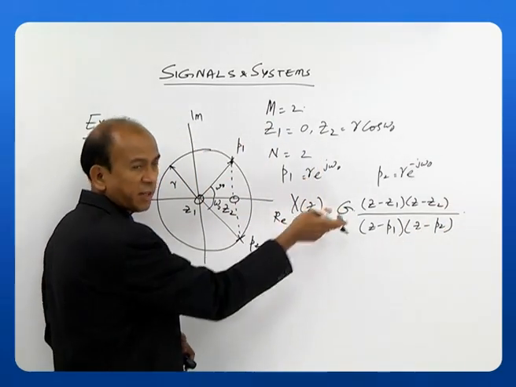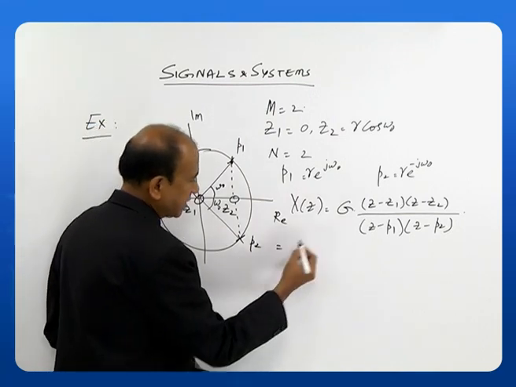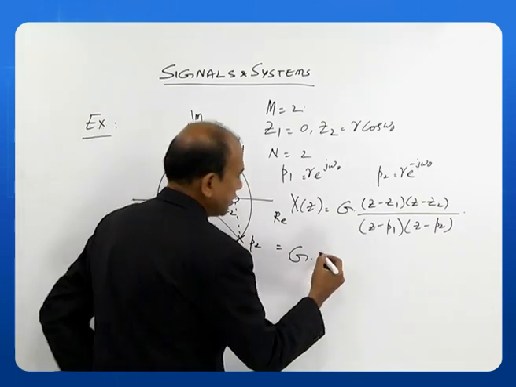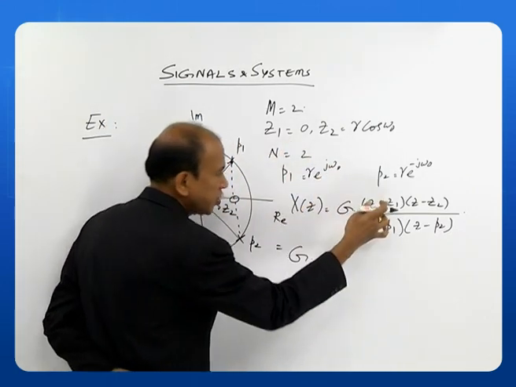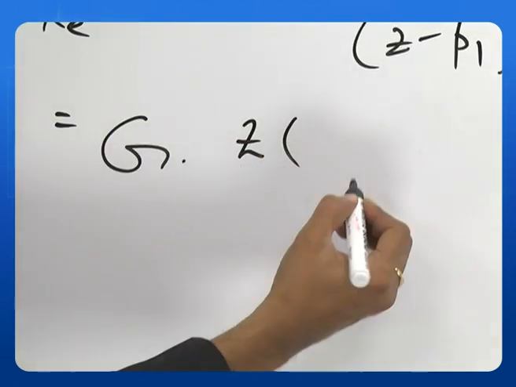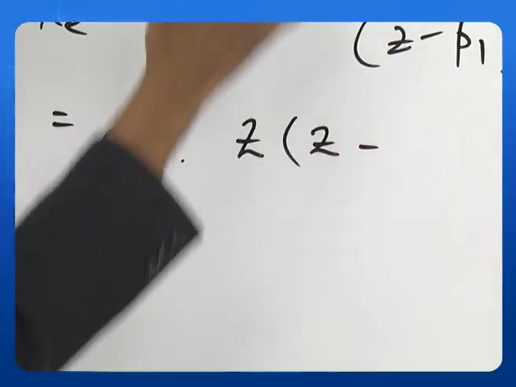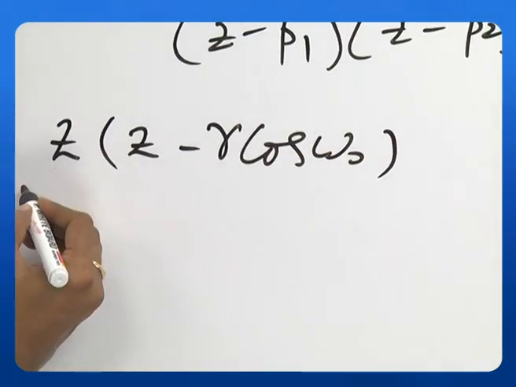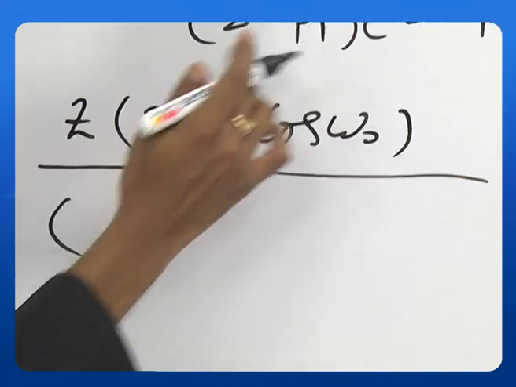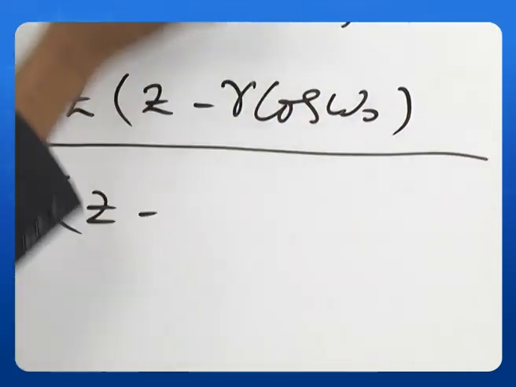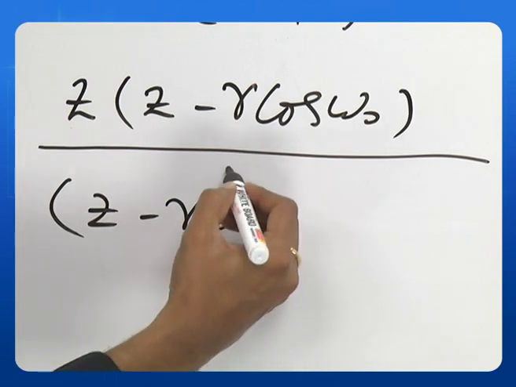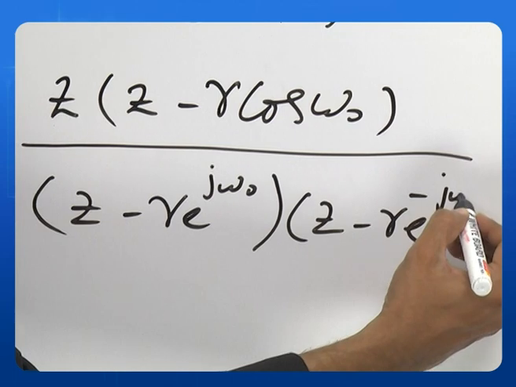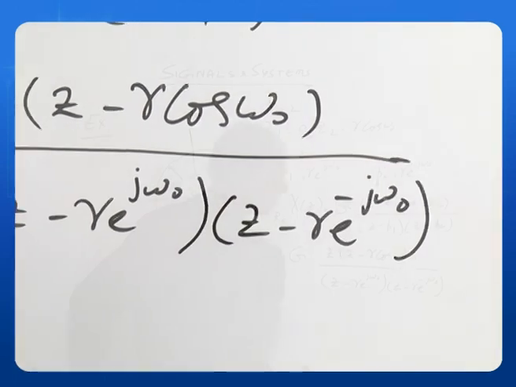Now let us substitute the values which we know. g is a common scaling factor, it can be 1 also if you want. Here a zero is existing at 0, so this will become z, and the other is z minus r cos omega naught, divided by the poles: one existing at r e to the power of j omega naught, and the other at r e to the power of minus j omega naught.